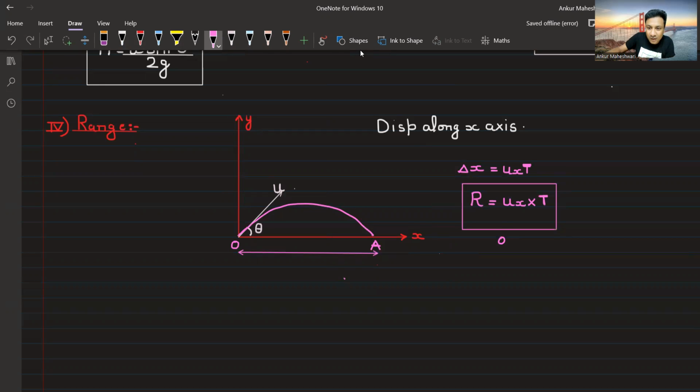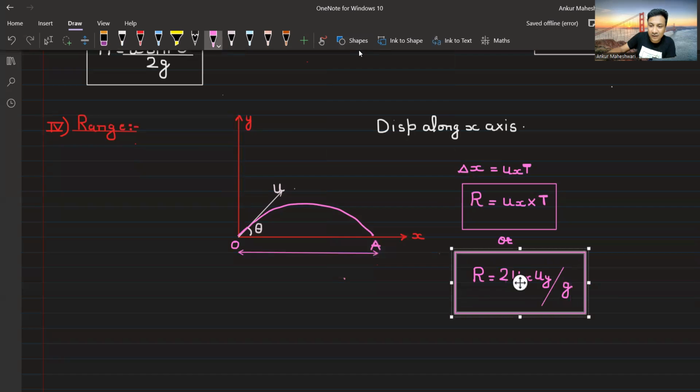Okay, another formula to calculate the range is ux, and t can be written as 2 uy upon g. So it can be written as 2 ux uy upon g. Okay, this is another form of range.